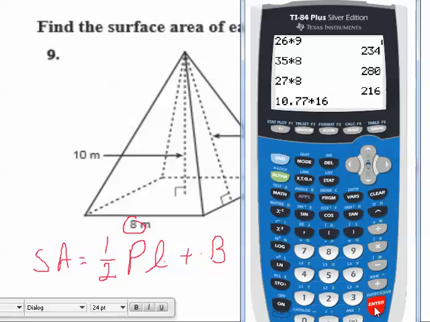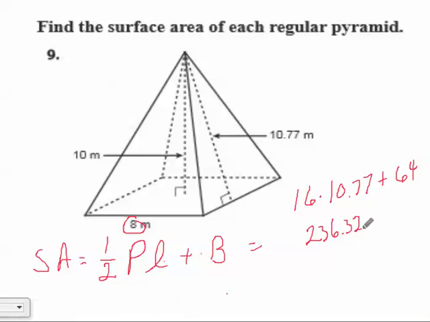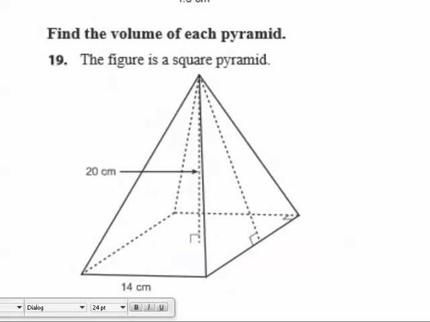Times 16 is 172.32 plus 64 is going to give me 236.32 meters squared. See how easy it is to do? It's not like it's a difficult process, right?